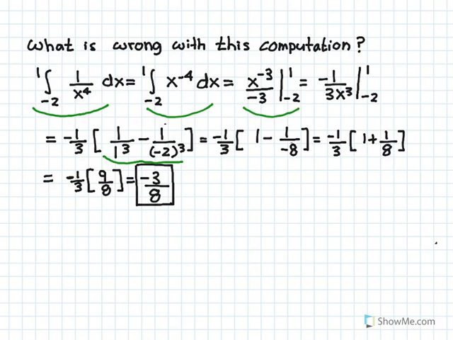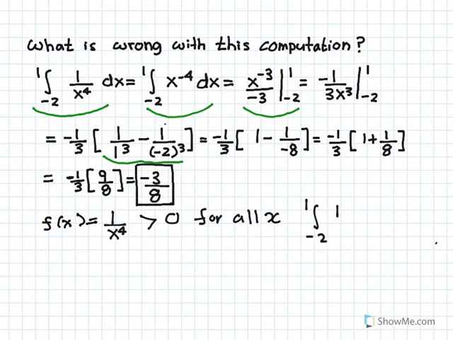Well, the reason is that f of x equals 1 over x to the 4th is always larger than 0 for all x. That means the integral from minus 2 to 1 of 1 over x to the 4th dx will represent the area under the curve, and that has to be positive.